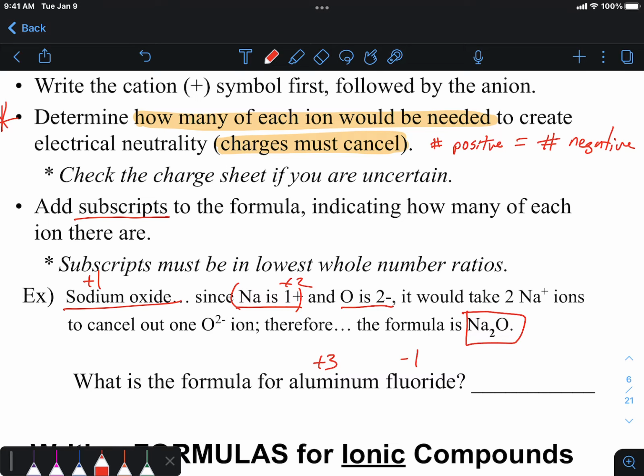Remember how halogens have 7 out of 8 valence electrons, and they gain electrons, but there's only enough space for them to gain 1. That's why the charge is -1. Okay? All right, so I need to combine these in such a way where the charges cancel each other out. Now, because the charge is +3 and -1, you are going to need 3 of the fluorines. So the formula is AlF3.